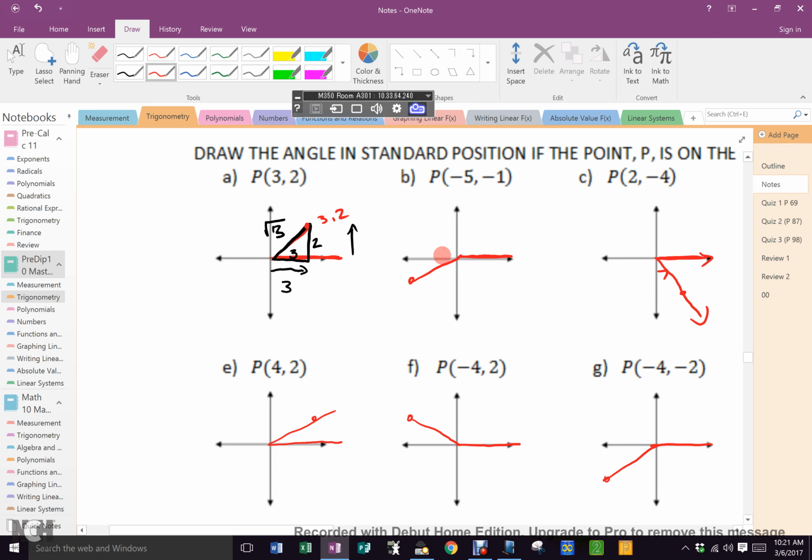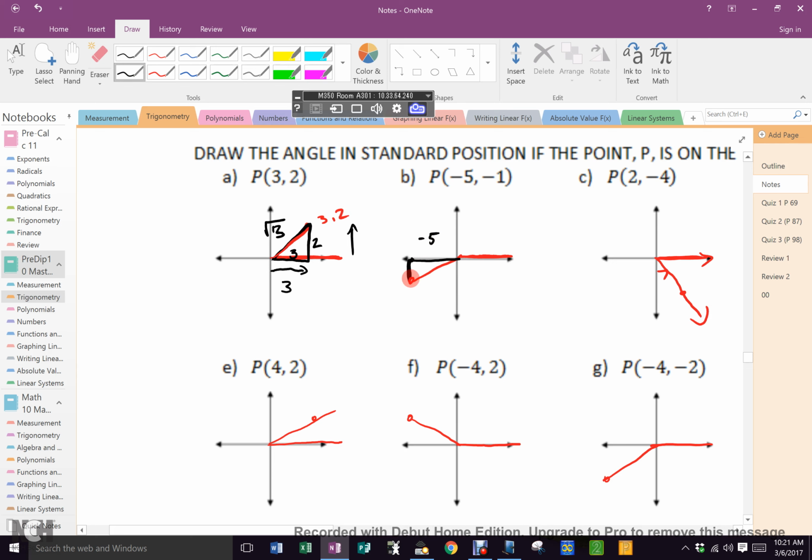How far did I go this way? Really? I went 5, yes? But on this graph, what did I do? I went -5, didn't I? Everyone agree? How far did I go this way?